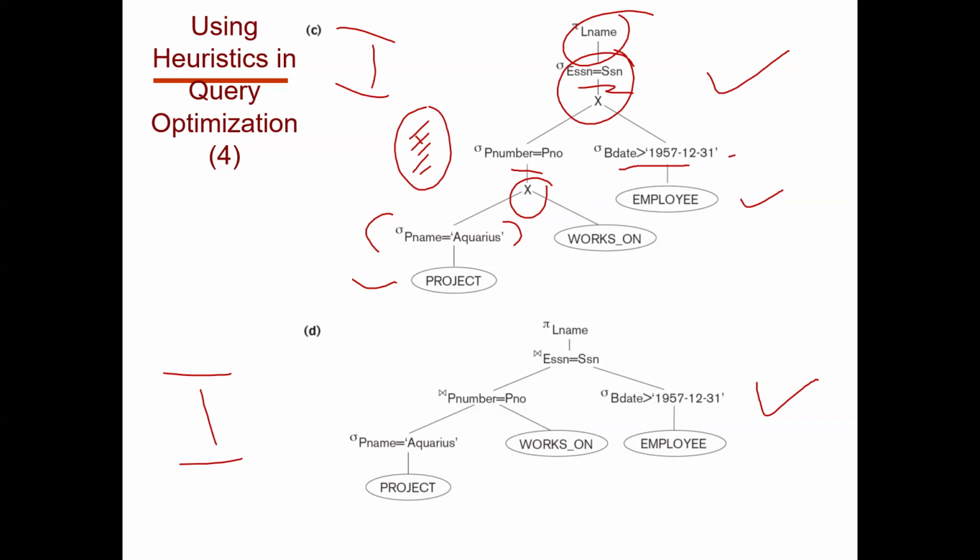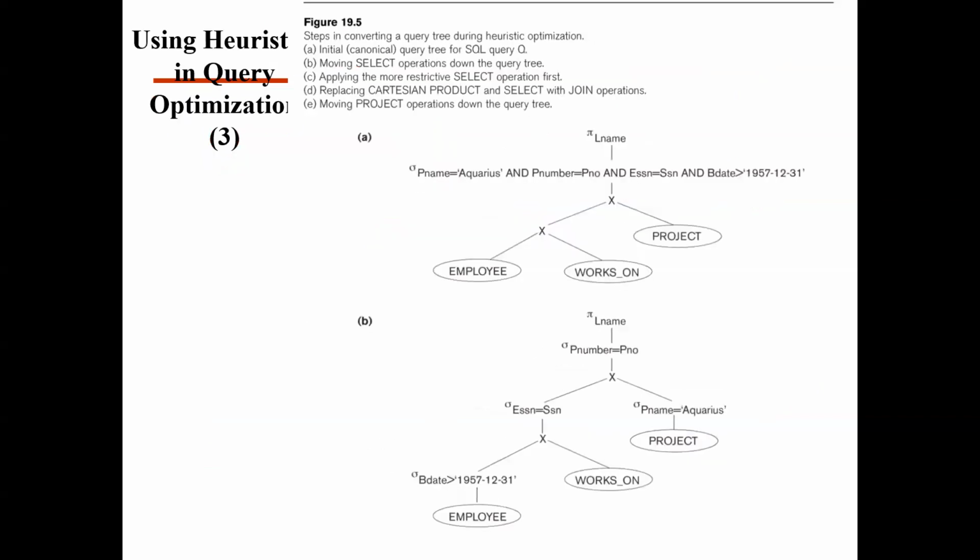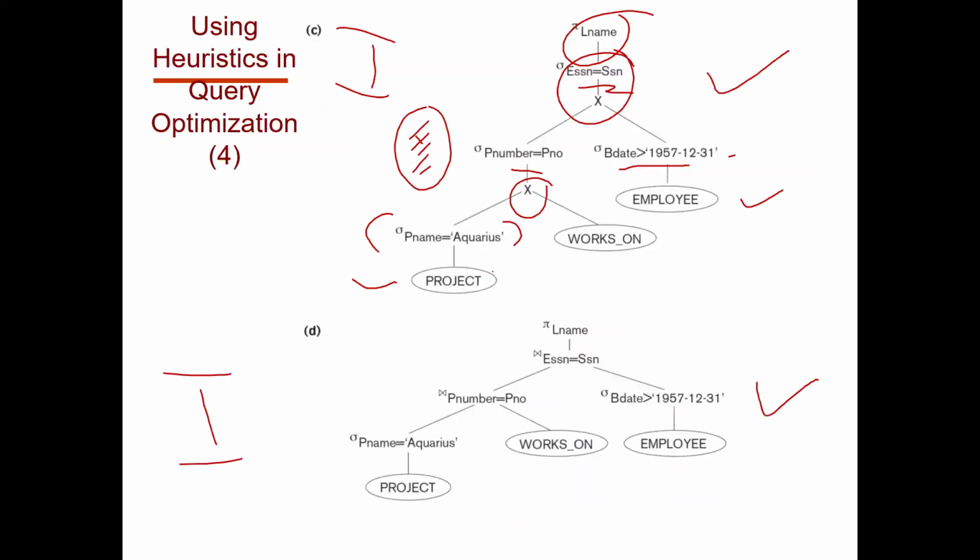So if you see, a slight difference here is we are selecting the project name later. Here we are selecting the project name first. This is possible. It is like saying get me the project numbers.